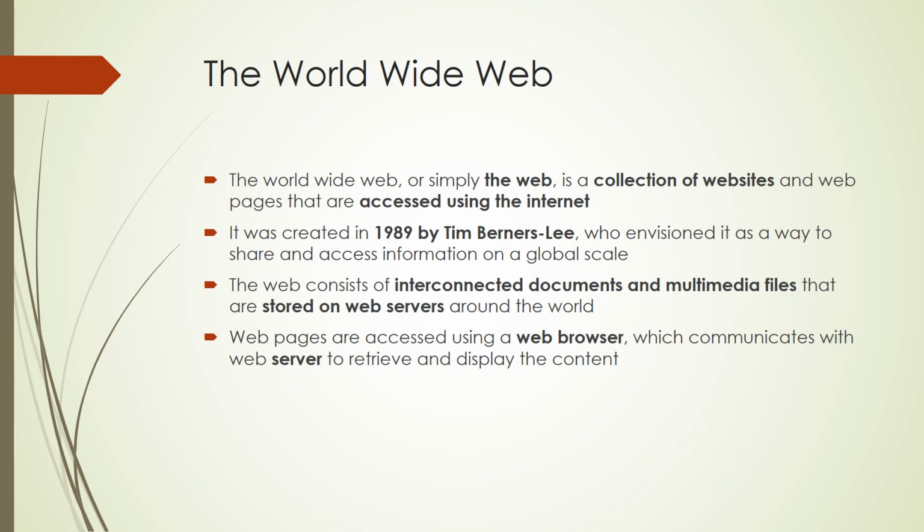Next, what is the World Wide Web? Basically, www stands for World Wide Web, or simply you can say this is the website, right? World Wide Web is a collection of websites. When you have multiple websites and you are collecting them, this is called your World Wide Web.